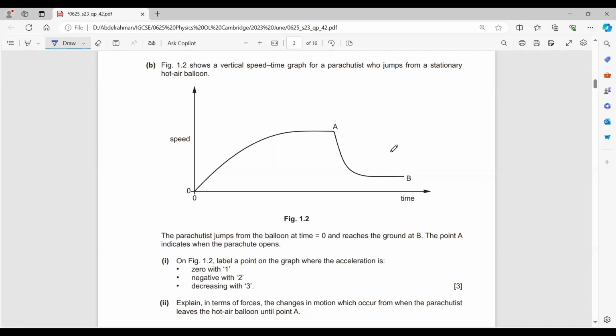Where does he have a 0 acceleration? A straight line before the curve at the beginning. Do you mean at this point? No, just before the curve, because this is positive, this is not 0 acceleration.